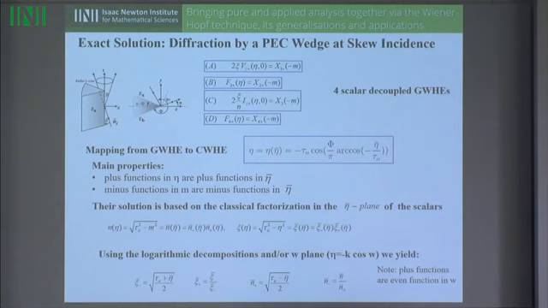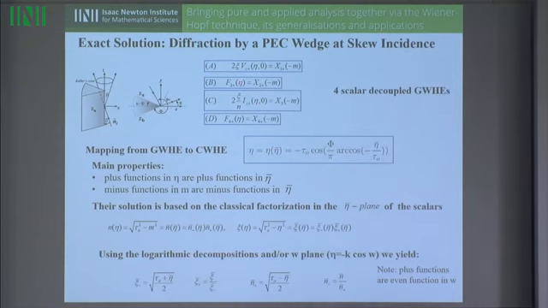First of all, we have to use a mathematical trick, that is to change the variable to another complex variable and transform the generalized Wiener Hopf equation to classical ones to apply the standard procedure of factorization. And the mapping is reported here. Some studies have been done even by Raphael about this kind of mapping, but the main properties of this mapping are these two properties: plus functions in eta variable maintain their property.